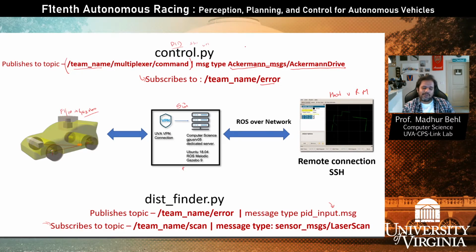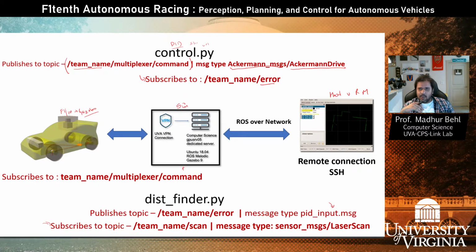In fact, we'll show you that in the template as well. Once you pass this command, you are done. What is happening internally is that the F110 Gazebo simulator is reading this command and moving the car. That's what's happening under the hood, but you don't have to do that. You only have to publish the right message.